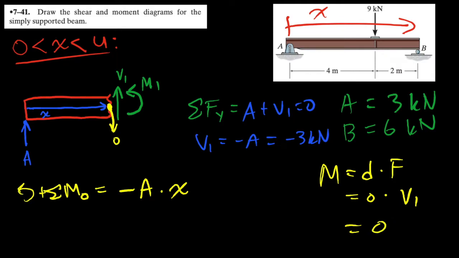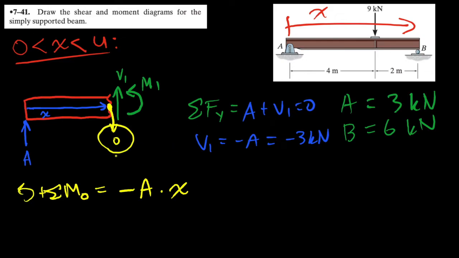So V1 has no contribution because we picked our moment axis, so our axis of rotation, which is point O. We picked point O smartly, so we don't even have to worry about V1 here. You often want your axis of rotation at the point you're sectioning, because then it just makes V1 irrelevant.